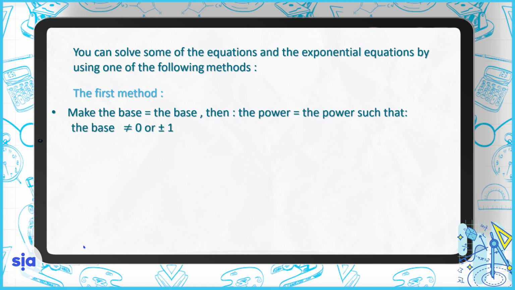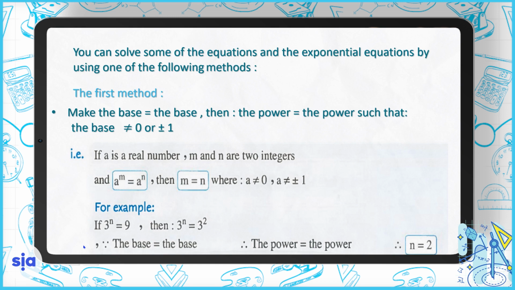The first method: make the base equal to the base, then the power will be equal to the power, such that the base is not equal to 0 or positive or negative 1.